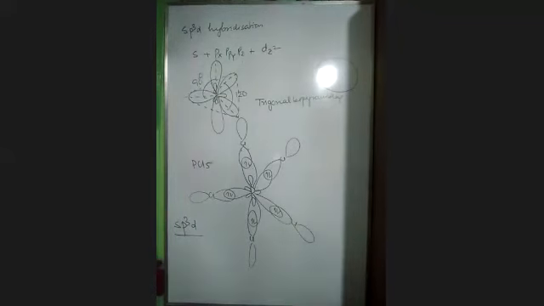We have two types of bond angle. Okay, what is this? We call it equatorial, 120 degree. And the axial is 90 degree.